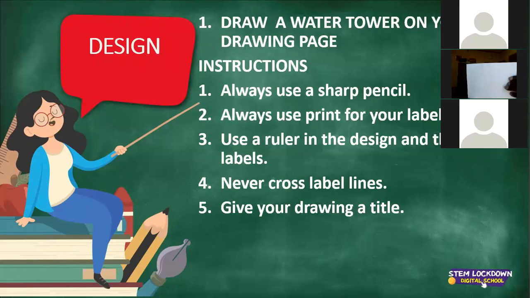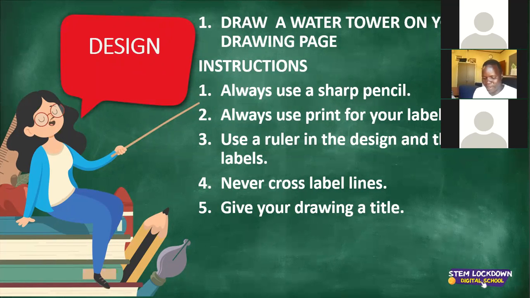Now, on this paper, you are going to write a title. The title will be here on top. And then your drawing will be over here. Now, let me just do it simple here.